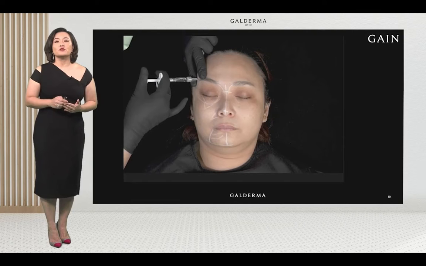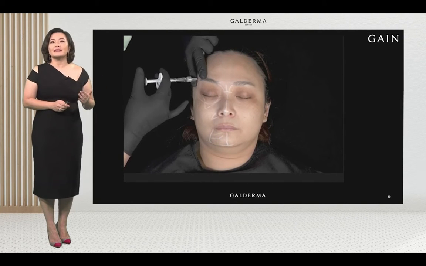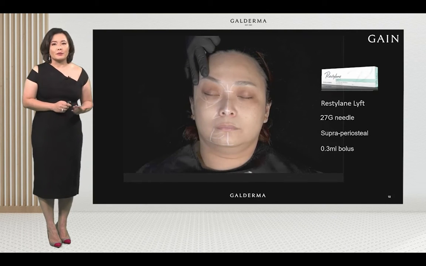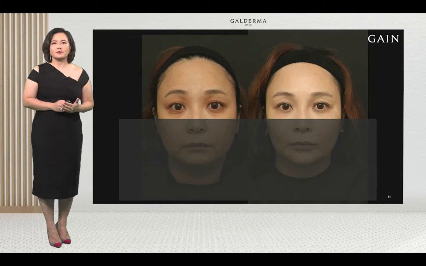Always pay attention to whether there's surrounding blanching and whether your patient is experiencing pain on injection. Again, the product of choice here is Restylane Lift using the needle that came in the box, and in Rita's case, I injected 0.3 per side.